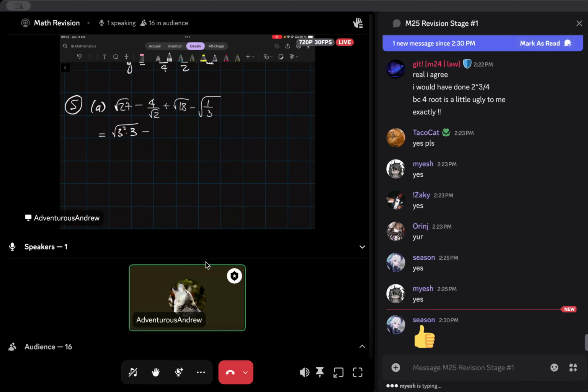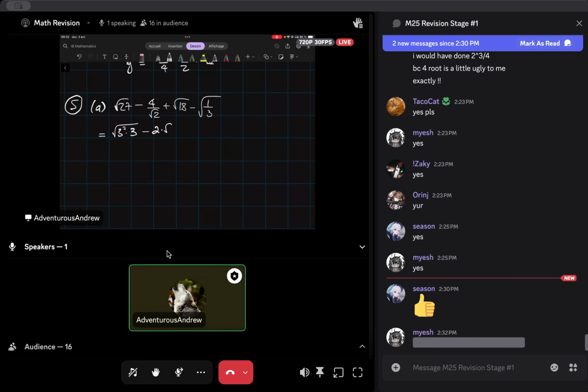Personally, I would rather write 4 as 2 times 2 and 2 as root 2 times root 2 so that you can cancel out. Root 18, same principle, 3 squared times 2. Last one, root of 1 over 3, that's minus 1 over root of 3.